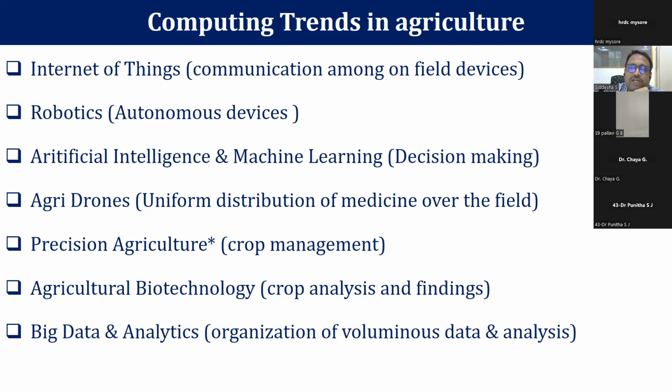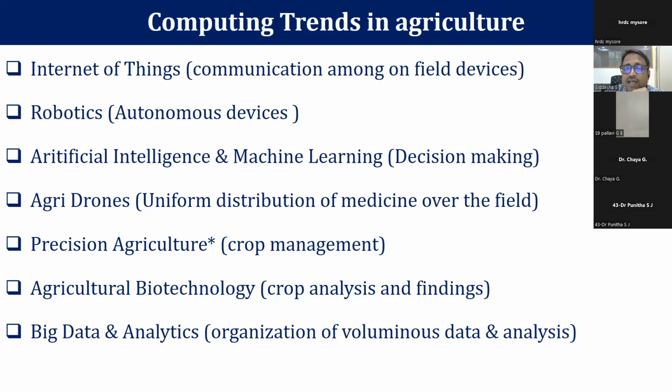And the next one is precision agriculture. That is going to be one of the important things. There we are using huge computation technology. That is for crop management, starting from the nursery level, the intermediate level, the time of harvesting, after harvesting, grading and classifying different things, even at the level of storage. So it is going to cover one cycle of crop management.